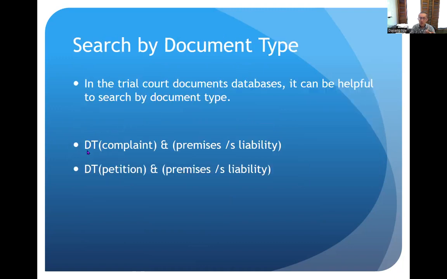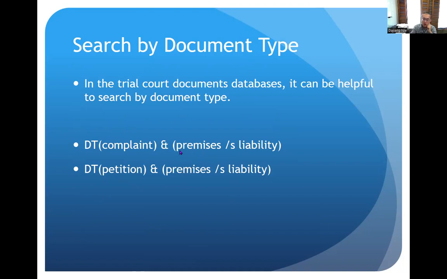So this time we use a different segment. We call that a segment. You will see what I mean by segment in the secondary sources. So this DT represents the documentation type. So we are searching for complaint as a documentation type. And then we have a connector AND, which combines the documentation type complaint with all the following keywords.